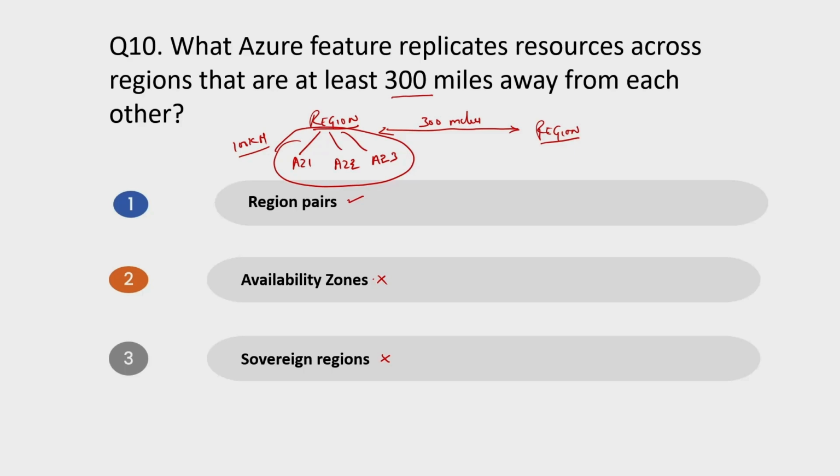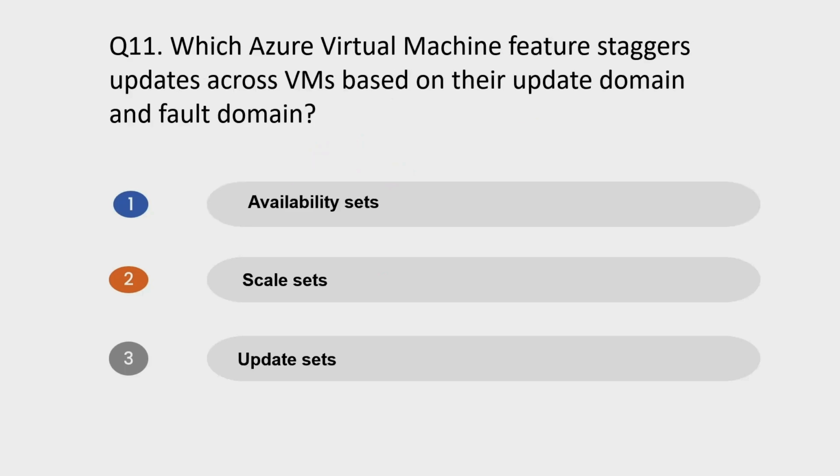Let us go to question number 11. Which Azure virtual machine feature staggers updates across virtual machines based on their update domain and fault domain? So the keyword is update domain and fault domain. Whenever you see update domain and fault domain, you can easily select availability sets. In availability set, we have the update domain and fault domain.